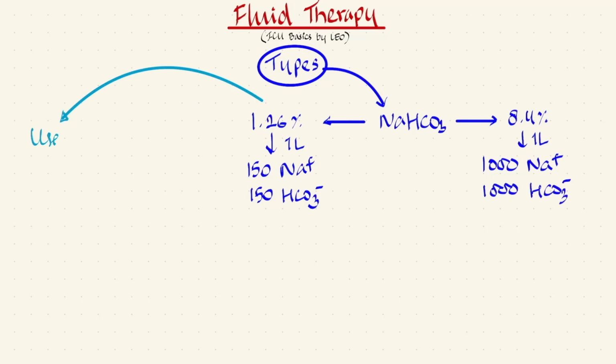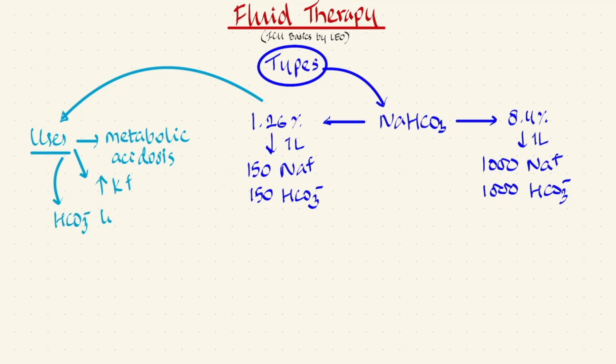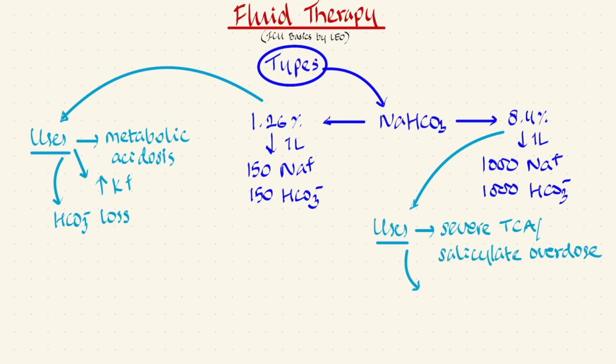Usually, we use 1.26% sodium bicarb to correct metabolic acidosis and hyperkalemia in renal failure, and to replace bicarb loss, for example in renal tubular acidosis, diarrhea, and fistula. In life-threatening drug overdose, for instance TCA or salicylate overdose, and cardiac arrest or peri-arrest with severe metabolic acidosis, higher concentration, 8.4%, can be used.